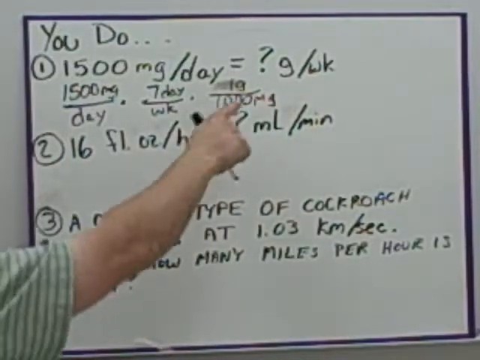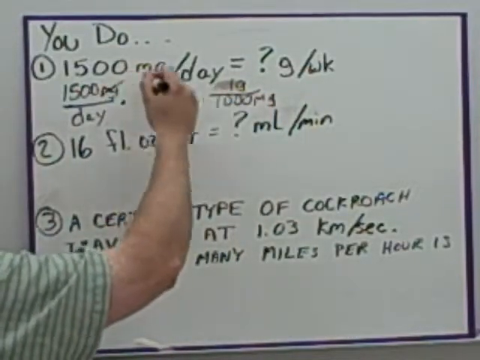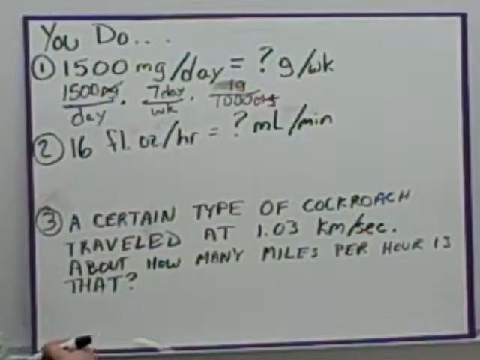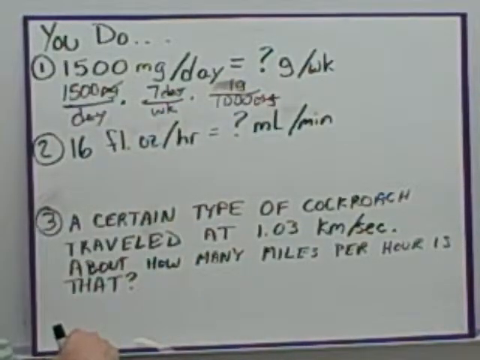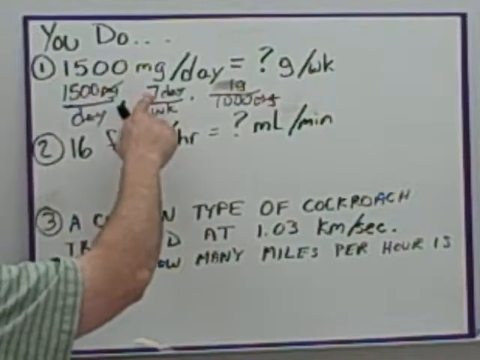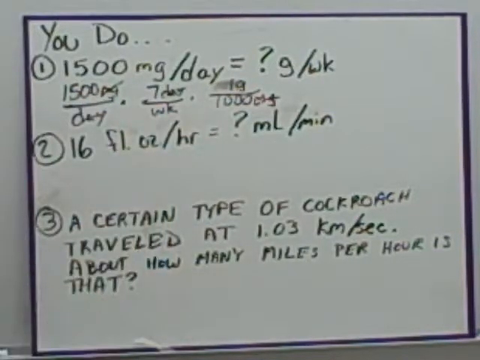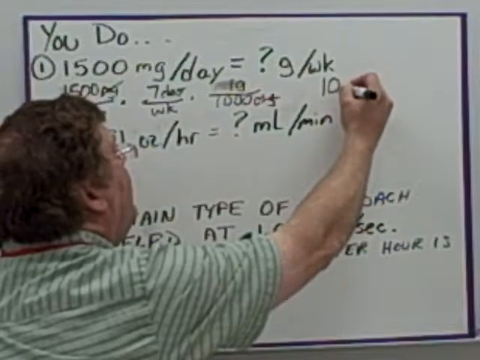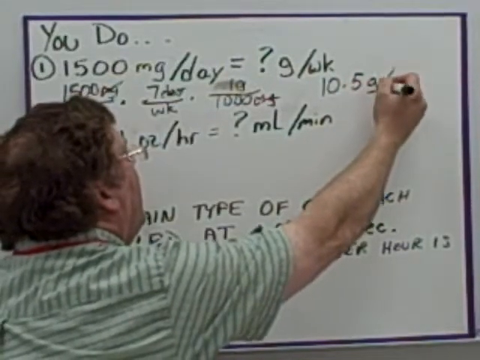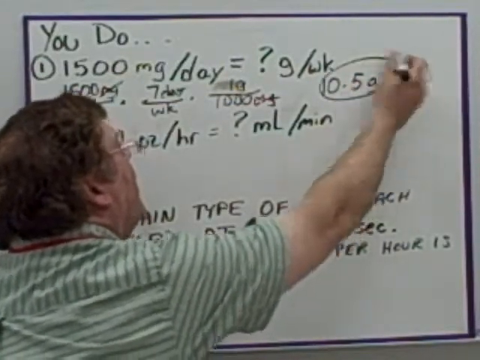We want the 1,000 on the bottom because we want the milligrams to cancel. The days will cancel. We'll end up with grams per week. So we're going to do 1,500 times 7 divided by 1,000. And when we do that, we're going to get 10.5 grams per week.